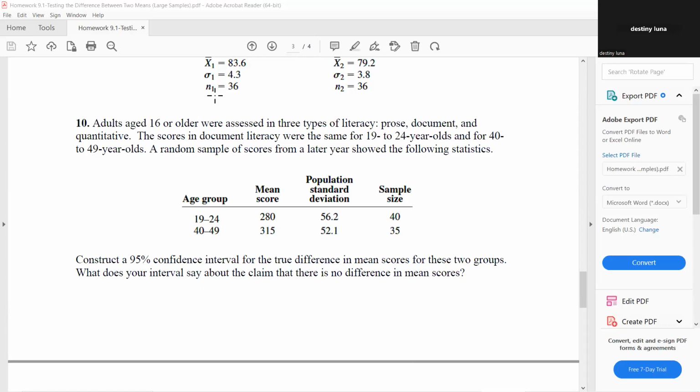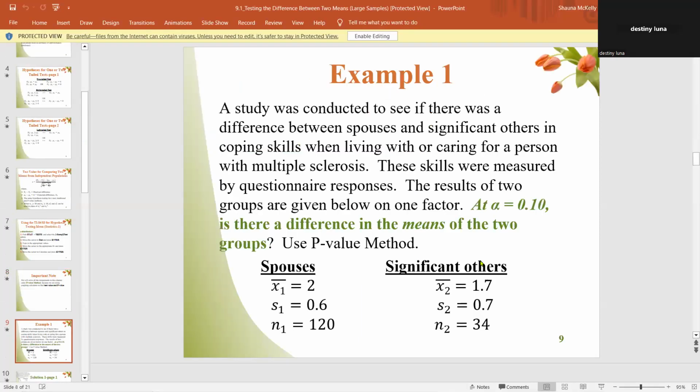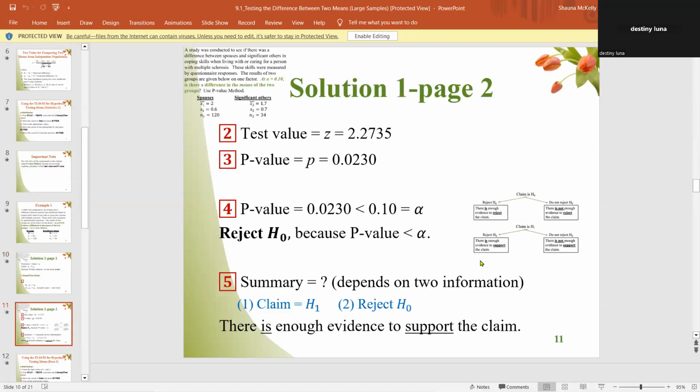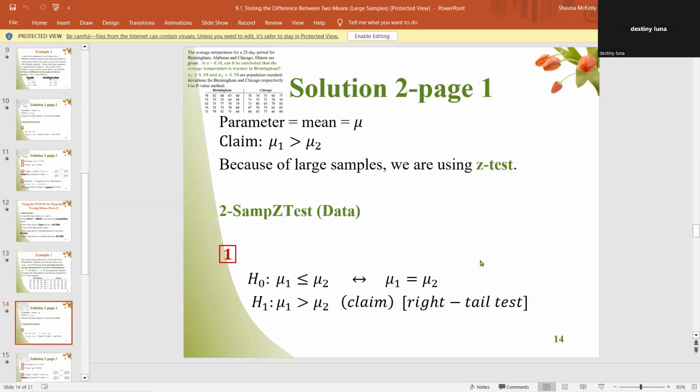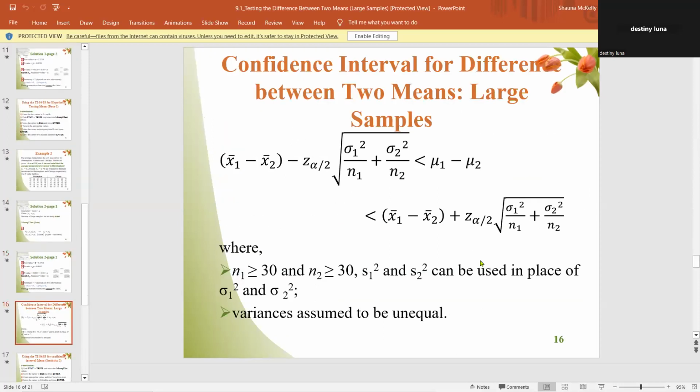Okay, so what we're doing here is you're constructing the confidence interval. So just for some context, let me show you this. What you're doing here is you're looking at, these are all hypothesis tests. Okay, this is hypothesis test.